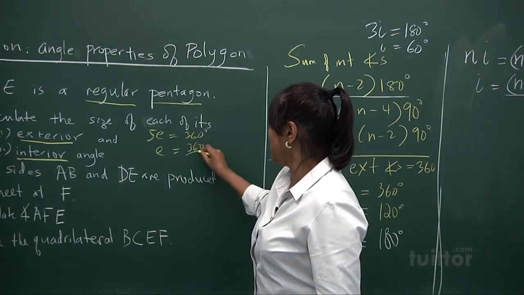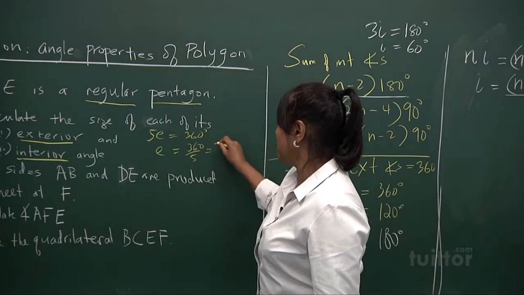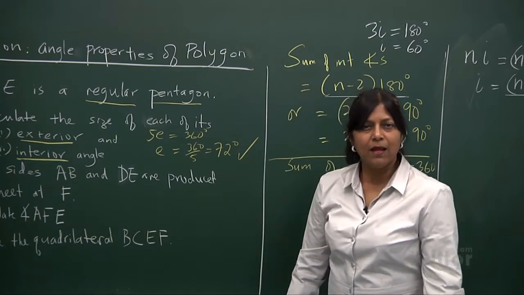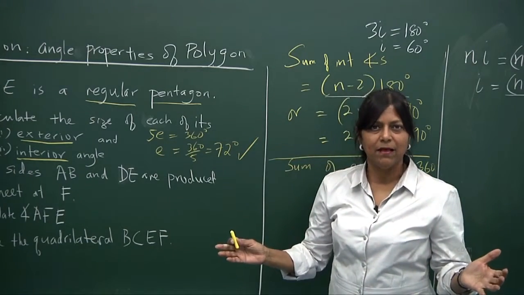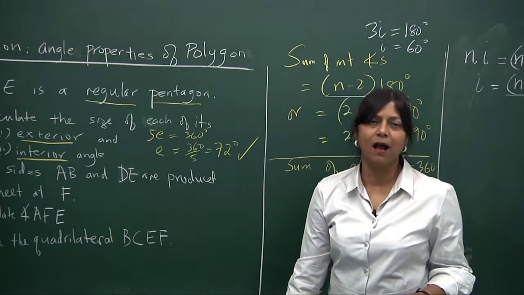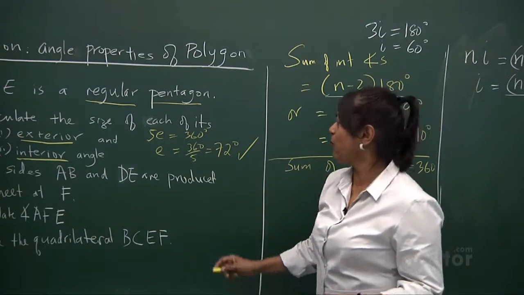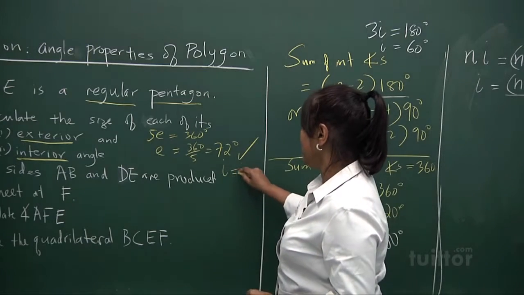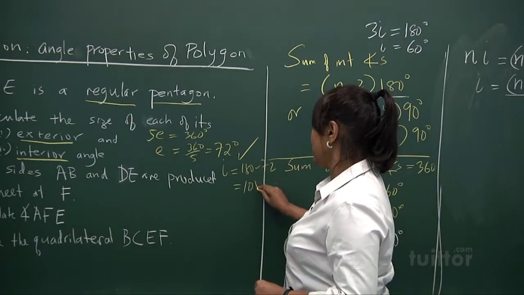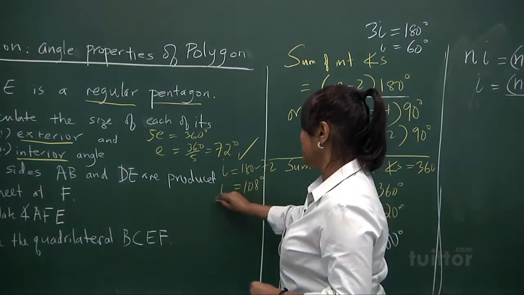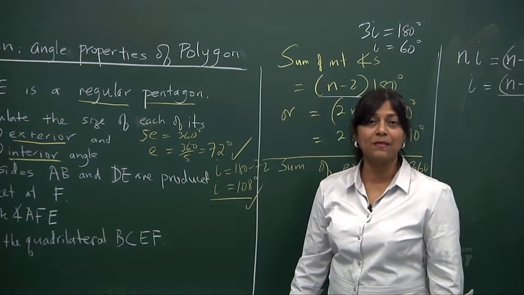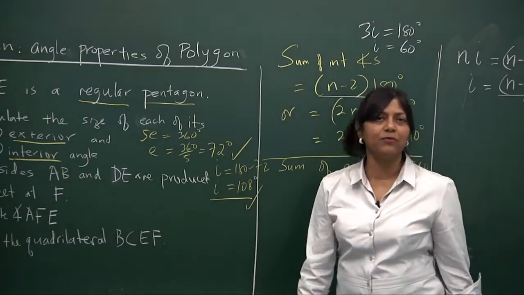When you divide by 5, you get 72 degrees. Now as for the interior angle, it's very easily derived. Exterior plus interior is 180 degrees. So what will the interior angle then be? 180 minus 72. You get 108 degrees. That's your interior angle. They're all of the same size. This is one method of doing it.